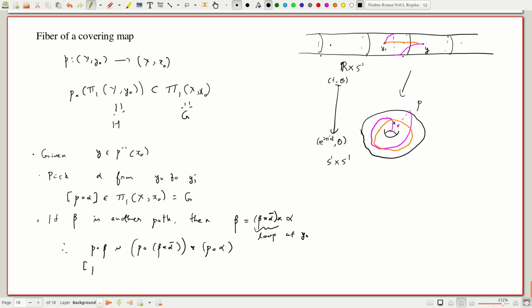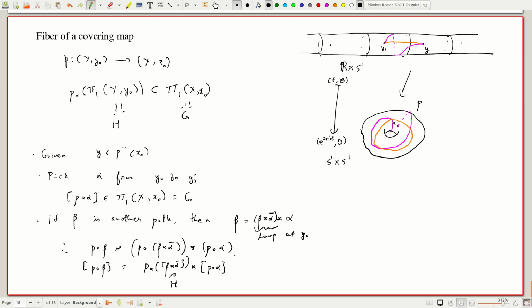So the class of p composed with beta is the same as the class of p composed with alpha multiplied by p star of the loop beta star alpha bar, and this is an element in H.